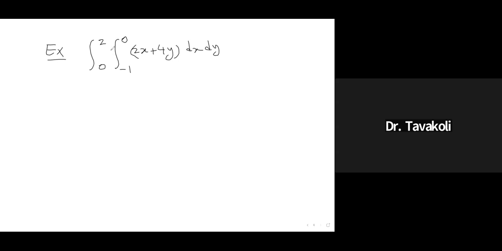So in this order, I should do the inside integral first. Keep the outside integral like this and focus on the inside integral. For the inside integral, it's with respect to x, so I should deal with y as a constant. The antiderivative of 2x, of course, is x squared.